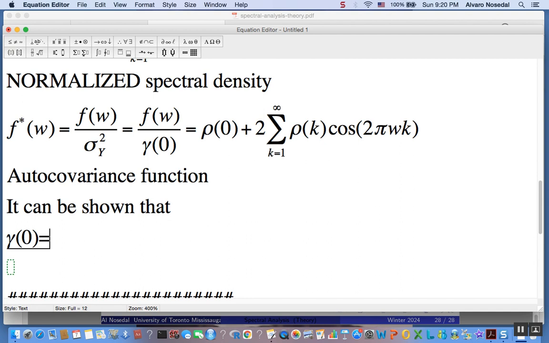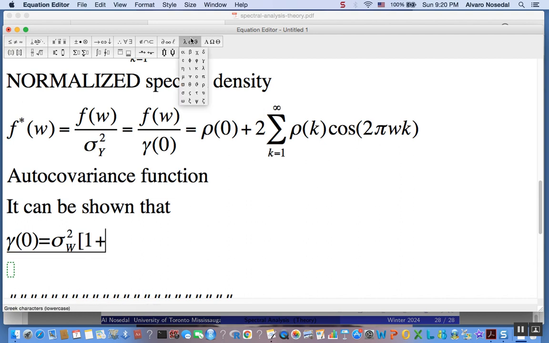It can be shown that gamma at 0 for a moving average of first order happens to be sigma squared of W, so the variance of the innovations of those W's, times 1 plus beta squared.